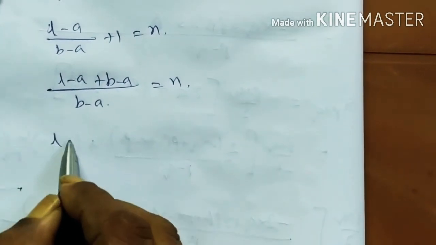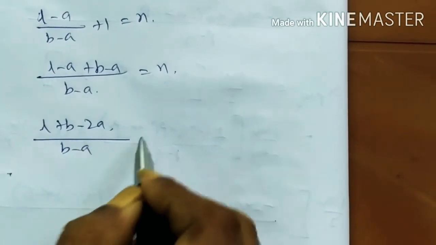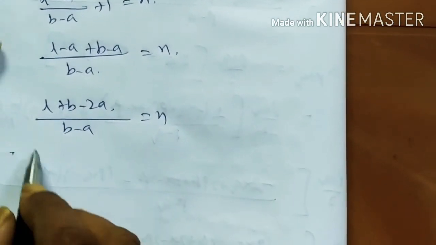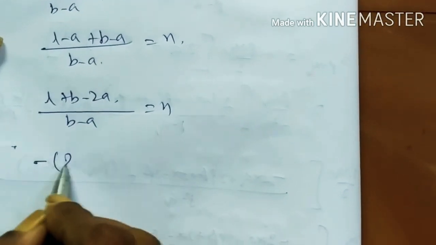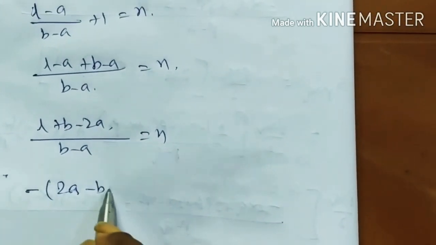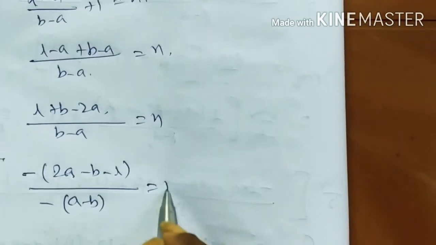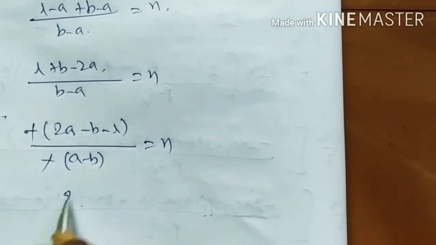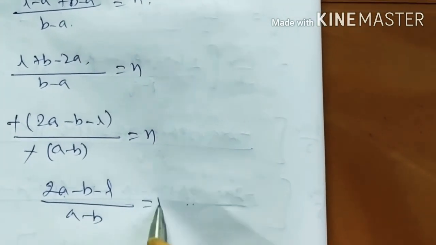Now this is (L plus B minus 2A) by (B minus A) equal to n. Taking minus common from numerator and denominator, minus common: (2A minus B minus L) by (A minus B). So (2A minus B minus L) by (A minus B) is equal to n.